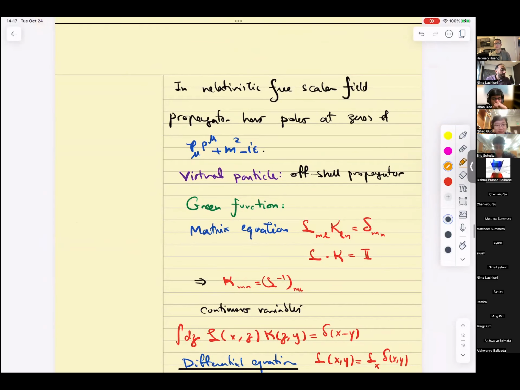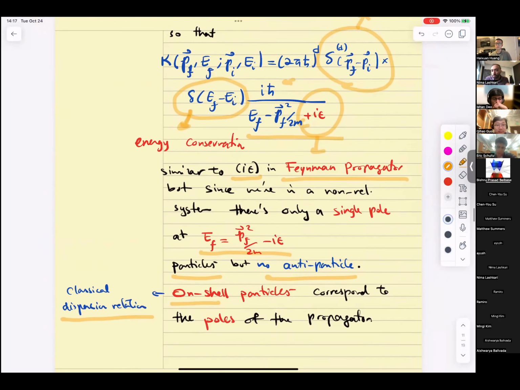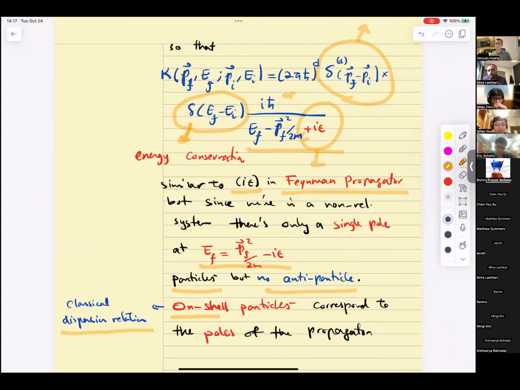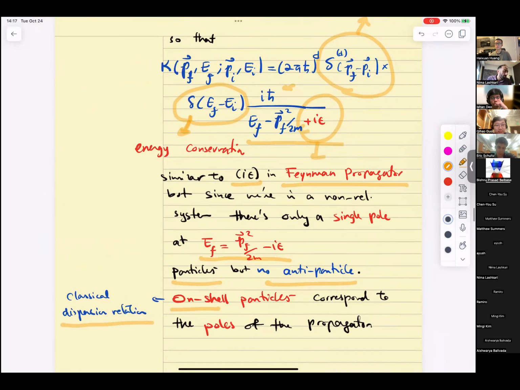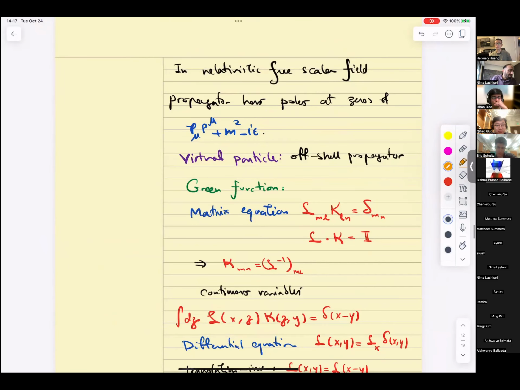I don't know how comfortable you guys are with Green's functions, so I'm just going to discuss them a little bit in more detail. They are super intuitive and very valuable as a way of building intuition. I said this already: in the relativistic free scalar field, we saw that the propagator has two poles, which were the zeros of p squared plus m squared minus i epsilon. When this vanishes, that's the on-shell condition.